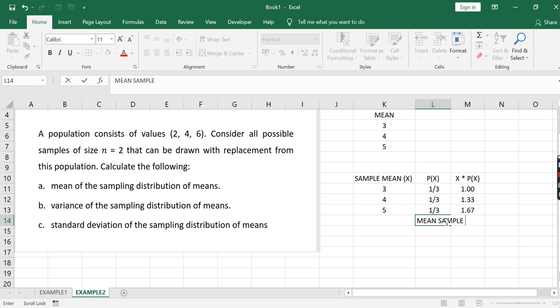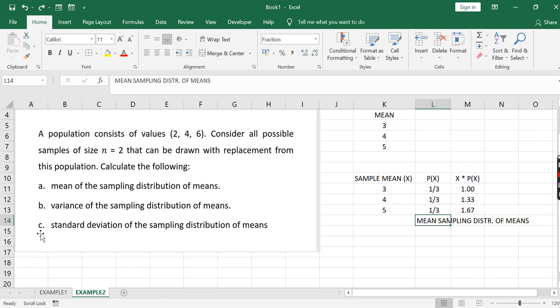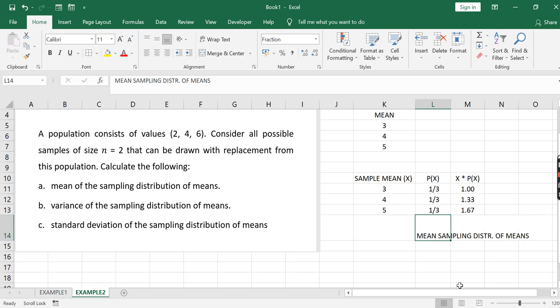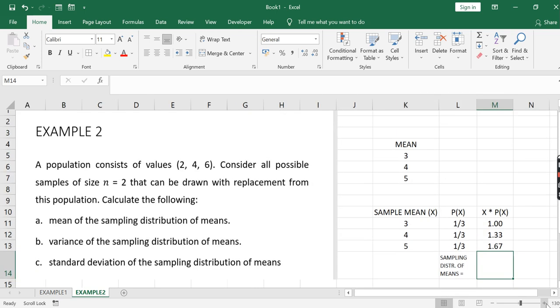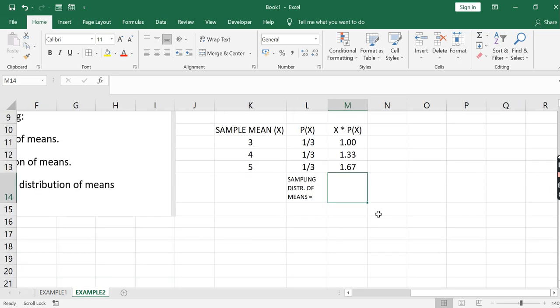Mean of the sampling distribution of means is equal to, let me just move it here, because we don't need the problem anymore.